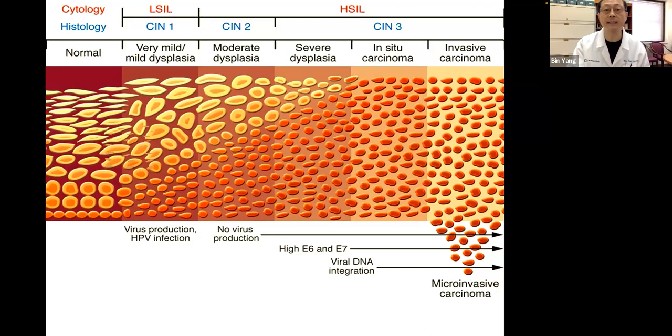They are integrated, therefore the contagiousness dropped, but the malignant transformation significantly increases. So CIN2 and CIN3 is really how much of these basal, parabasal cells replace the full thickness.